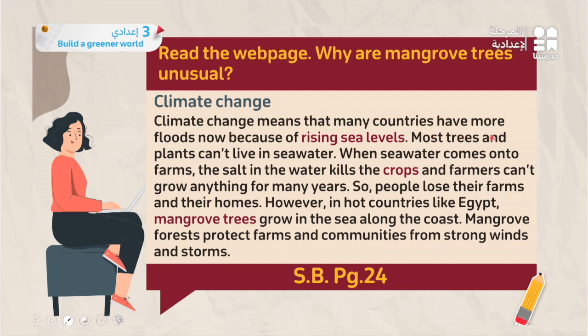Most trees and plants cannot live in sea water. When sea water comes onto farms, the salt in the water kills the crops and farmers cannot grow anything for many years.